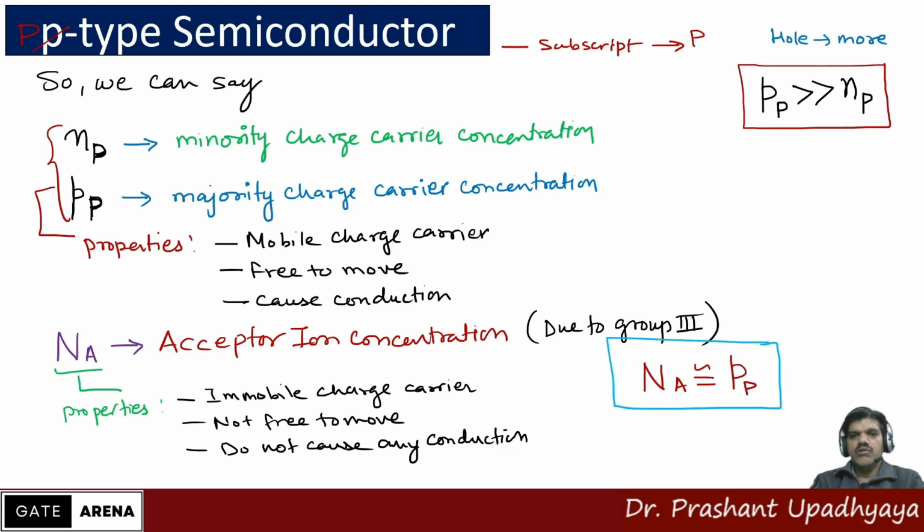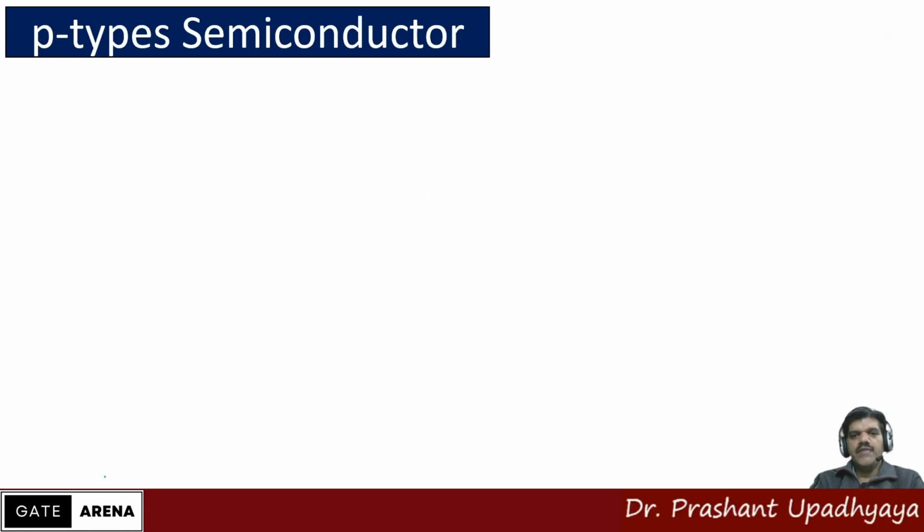Now we will be talking about the conductivity in the p-type semiconductors. When we talk about the conductivity in the p-type semiconductor, we write sigma_p equal to e n_P mu_n plus e p_P mu_p.